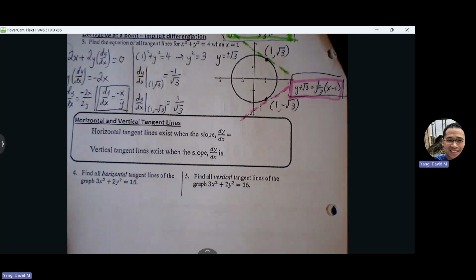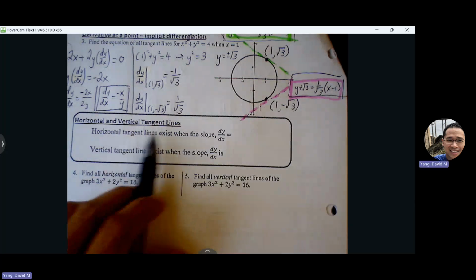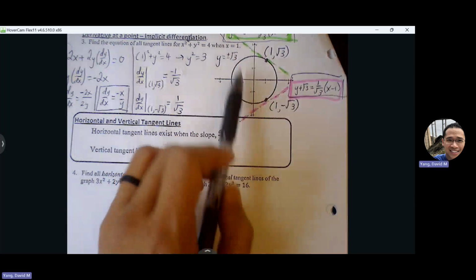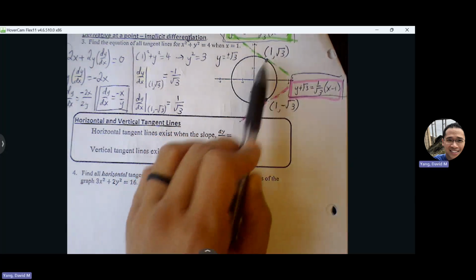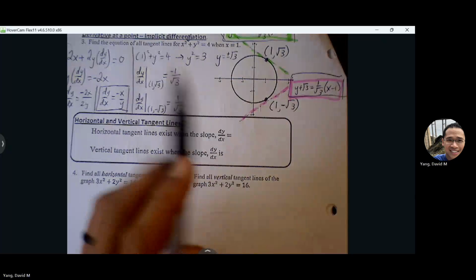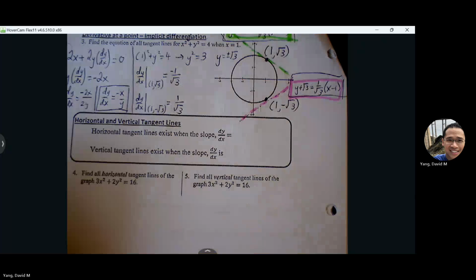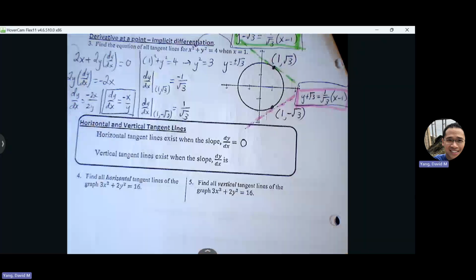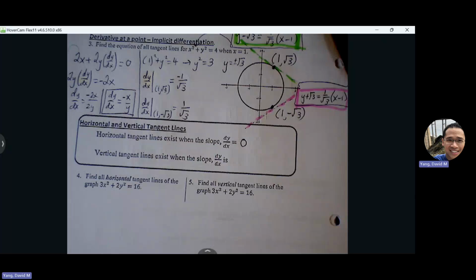Okay, horizontal versus vertical tangent lines. Horizontal tangents, if we're looking at this circle here, will be where the graph is going to exhibit slope 0. So if you're looking for horizontal tangents, you're going to set your derivative equal to 0, and that's going to help you find that location.